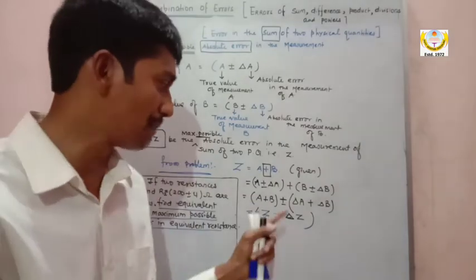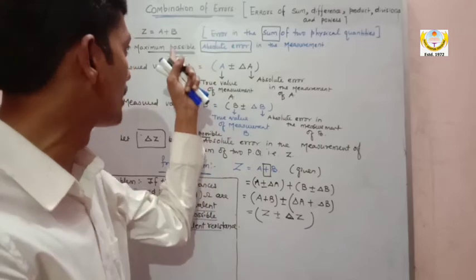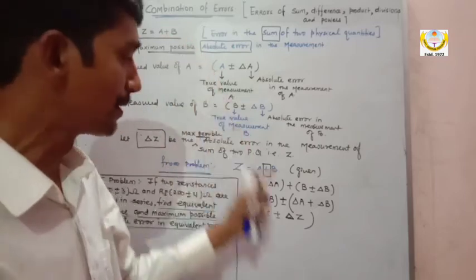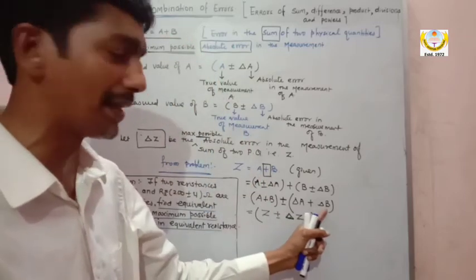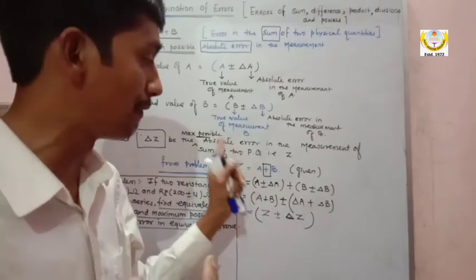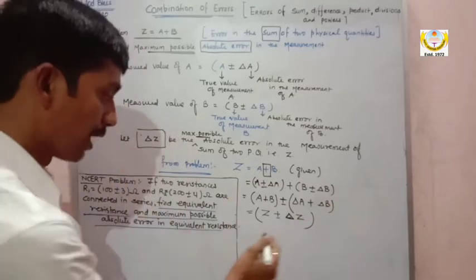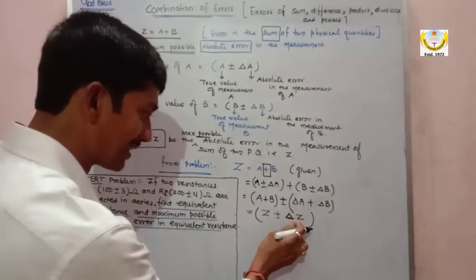Since it is the maximum error, of course I have to add, because here the question is for addition also. So it is A plus B, so delta A plus delta B will be the total maximum error in the measurement of A and in the measurement of B. That is the maximum error. So now I got delta Z as the maximum error.